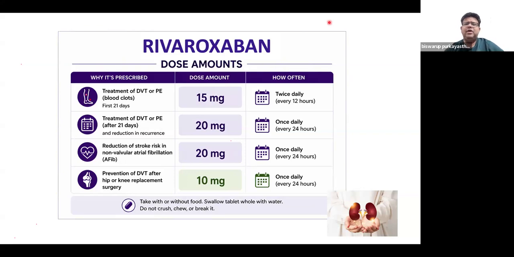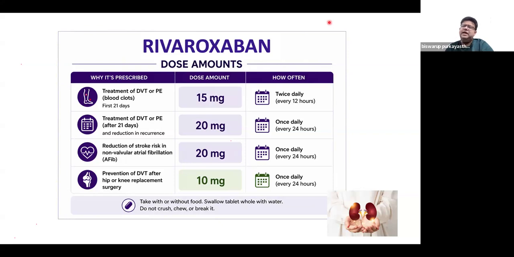So rivaroxaban, out of the few drugs that are available, has emerged as the drug of choice. Whether it is a deep vein thrombosis or a pulmonary embolism complicated from a deep vein thrombosis, the first line of treatment is 15 milligram of rivaroxaban twice a day. The best part is that it does not need any renal dose adjustment.